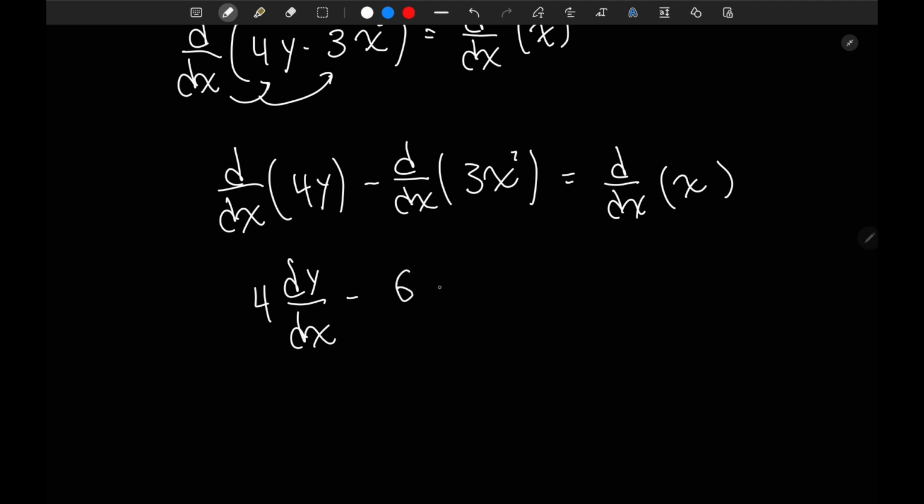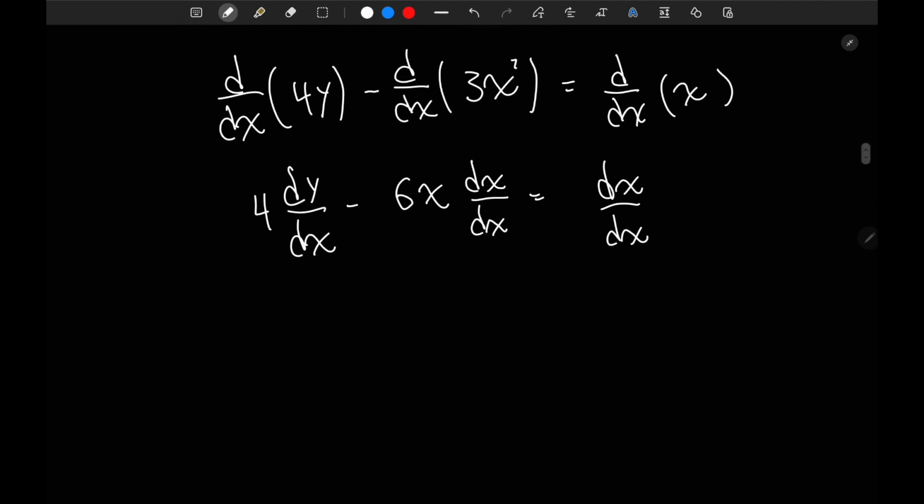We will have 6x, and then we took the derivative of x with respect to x. And on the right side, the derivative of x is just going to be 1, and then dx, because we took the derivative of x with respect to x. And so this is what we're left with.